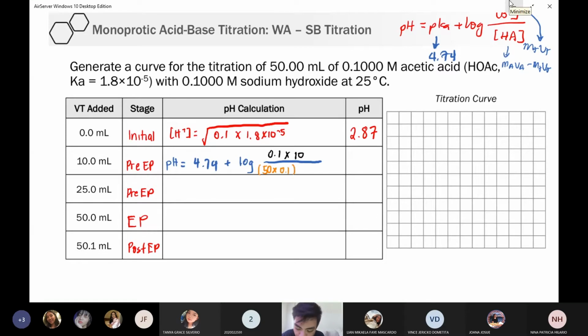Okay? Minus yung black. 0.1 times 10. Sulat ko rin yung sa baba ha. Hopefully, may sulat nyo na maayos. 4.74 plus log.